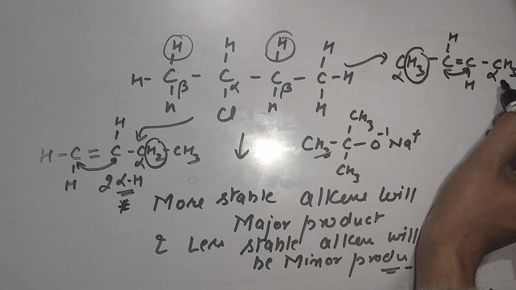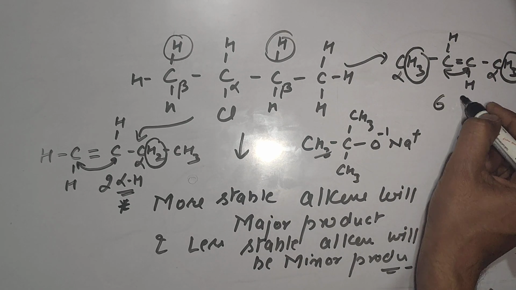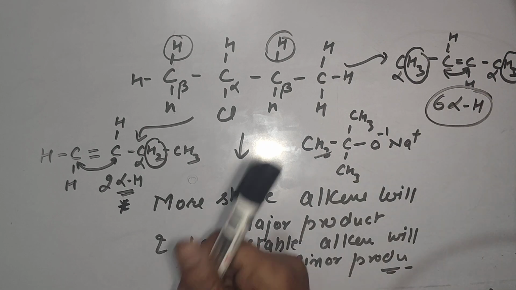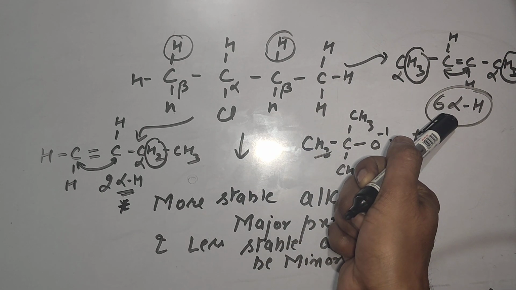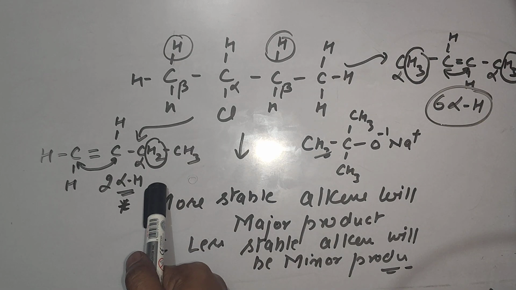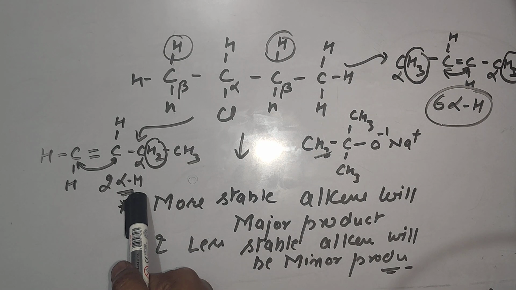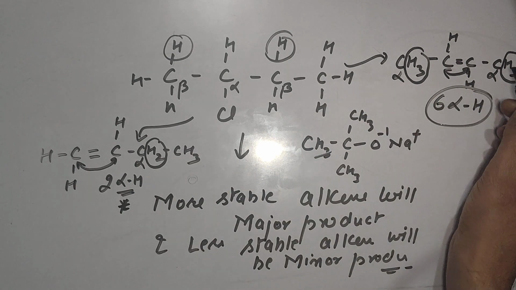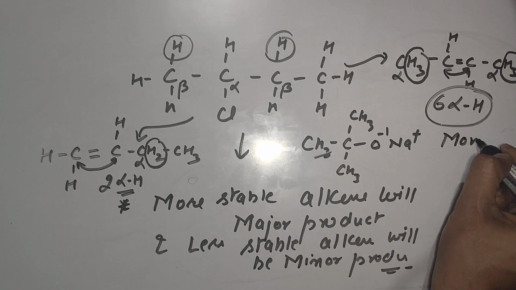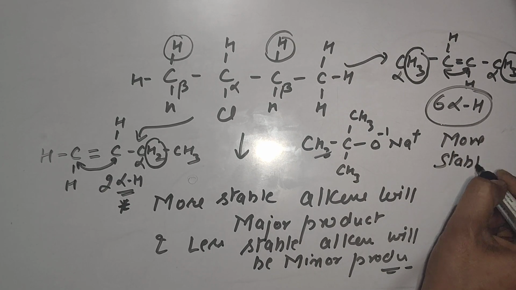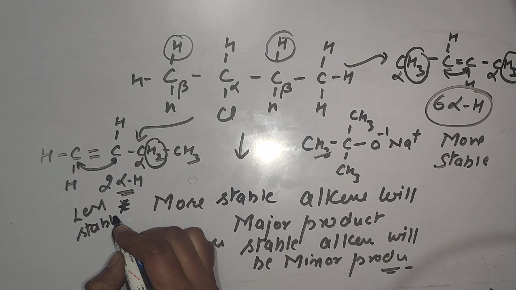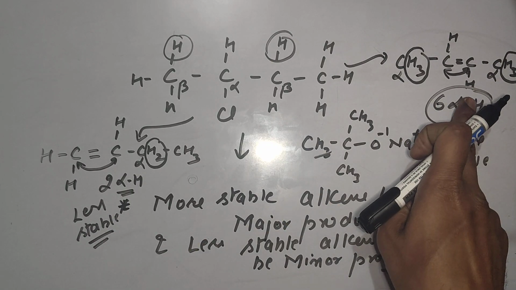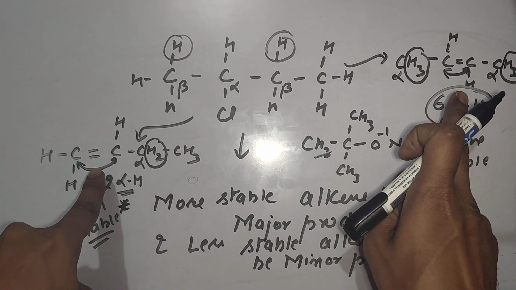This is also an alpha carbon carrying how many alpha hydrogens? 3. So total 6 alpha hydrogens are there. This alkene is stabilized by 6 alpha hydrogens through hyperconjugation, and this alkene is getting stability through 2 alpha hydrogens by hyperconjugation. Means this alkene is more stable and this is less stable. That's why this will be the major product and this will be the minor product.